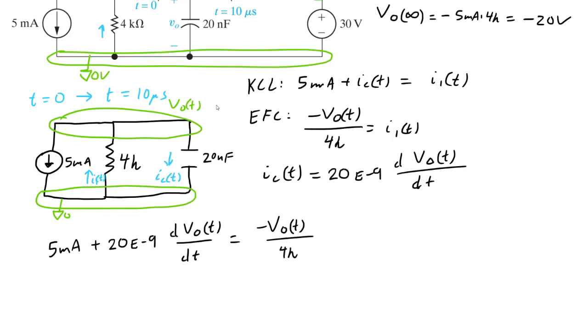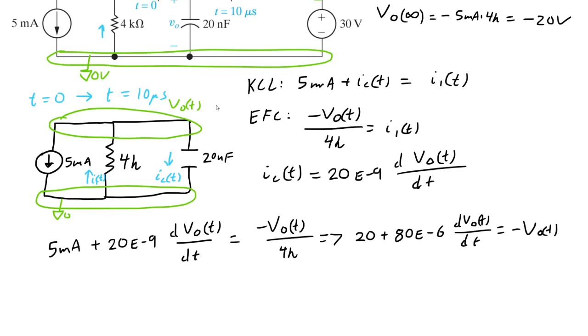Now I'm going to multiply both sides by 4K, and that's going to end up being 20 plus 80E-6 dVOT/dt equals minus VOT.